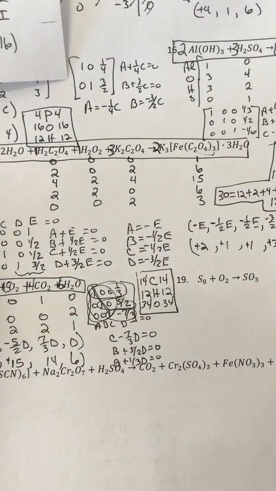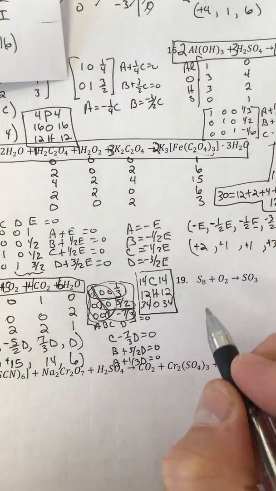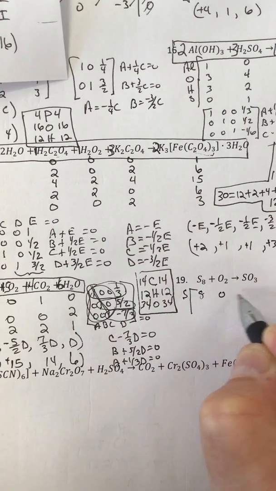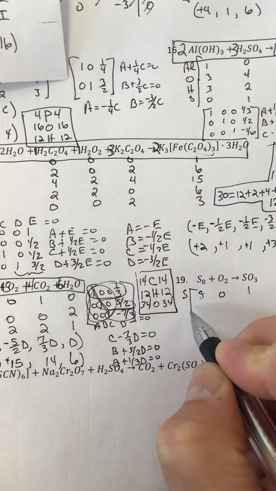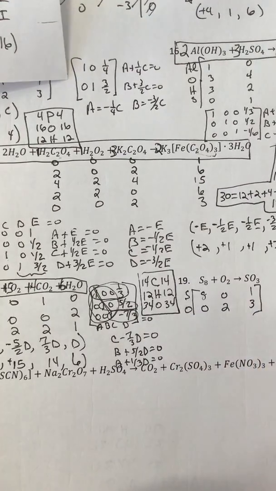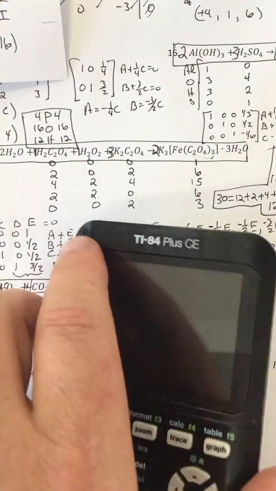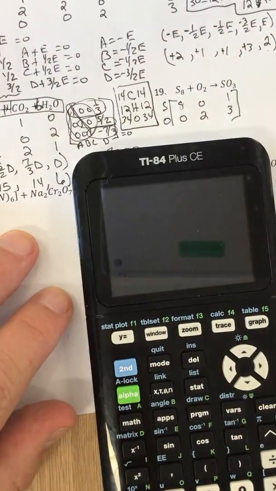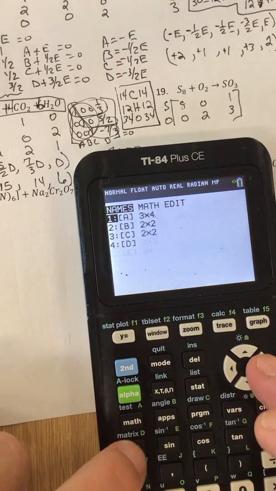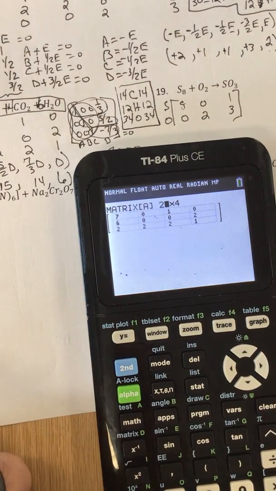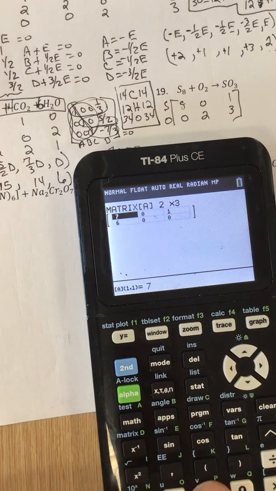All right, 19 should be a quick one. Sulfur 8 0 1, oxygen 0 2 3. There it is. Got to get that in reduced row echelon. Two down and 3 over, so 2 by 3: 8, 0, 1, 0, 2, 3.